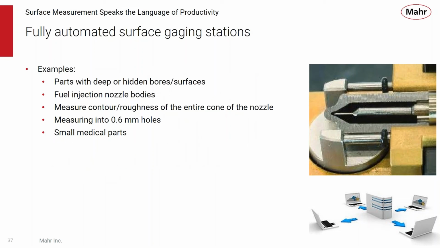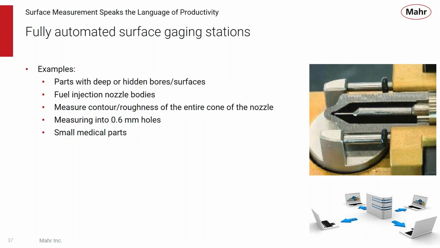Now, some examples where these would be used would be parts with deep or hidden bores or surfaces, like fuel injection bodies. Deep probes can measure contour and roughness of the entire cone and nozzle. Just think of how difficult it would be for an operator to try and align this type of part to the probe, especially when the probes go down to a 0.6 millimeter diameter.